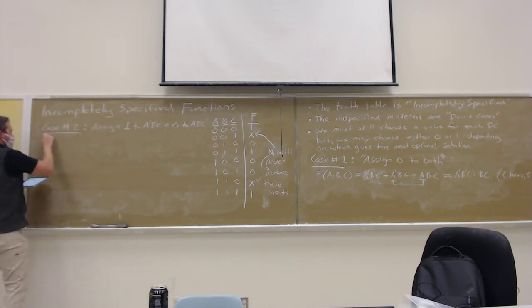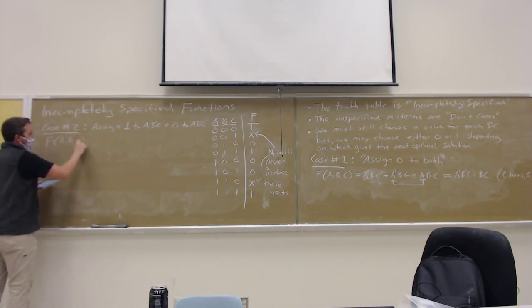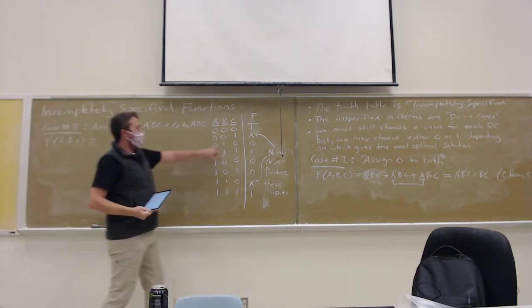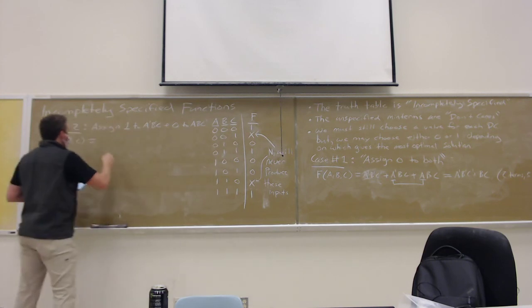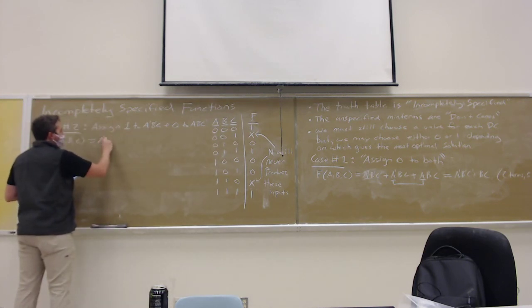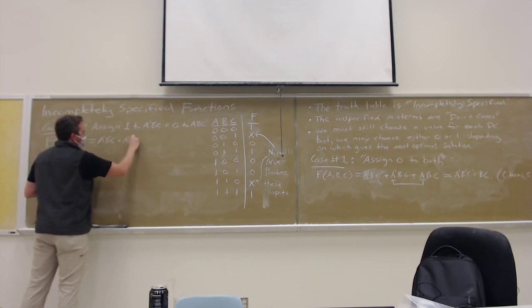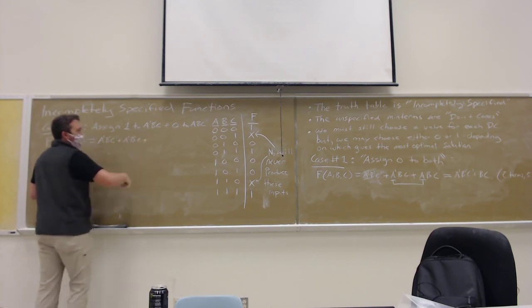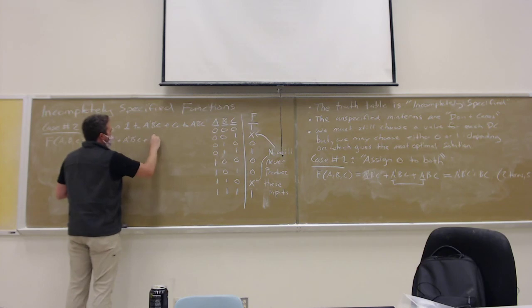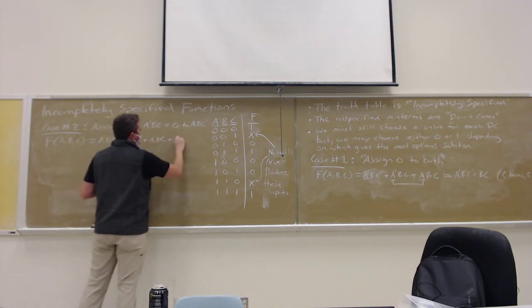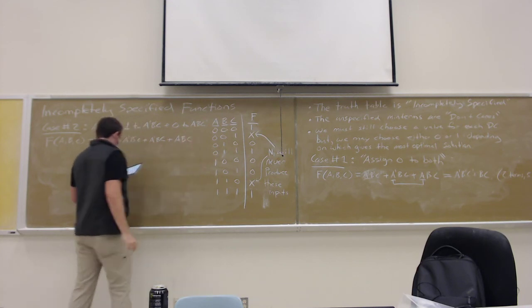Now our function, still a function of A, B, and C, is going to be the same one, but now it's going to include A prime, B prime, and C. We're going to put a 1 here and say that we've got A prime, B prime, C prime, or A prime, B prime, C, or A prime, B, C, or A, B, C.